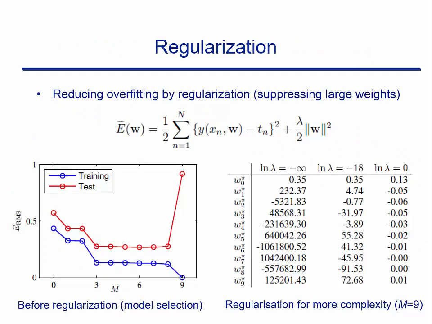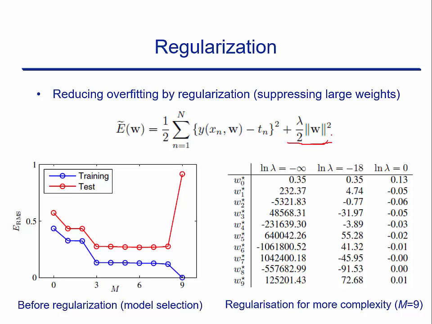Now, one way to reduce overfitting is regularization. This is done by adding a so-called penalty term, or regularizer, basically defined on the length of the weight vector.